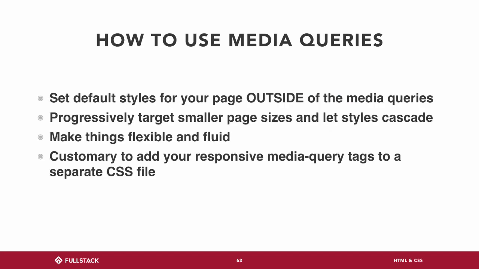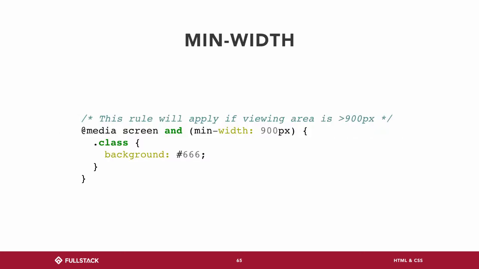One method which works pretty well is to set your default styles outside of the media queries, say for larger devices, and then tailor them to change the CSS as the devices get smaller. And you could add these media query tags to separate CSS files. And again, we've seen how Sass could import those CSS files. So here's an example of what some media queries look like.